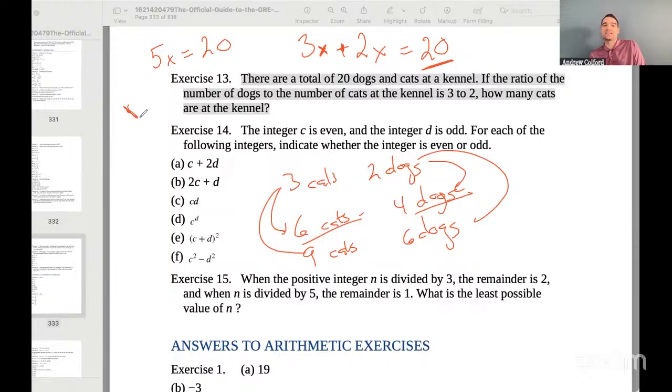Meaning that x, the constant that we're multiplying, is 4. x is equal to 4. And so we get 3 times 4, which is 12, plus 2 times 4, which is 8. So yes, the number of cats is 12. The number of dogs is 8. Great. Great, great, great.